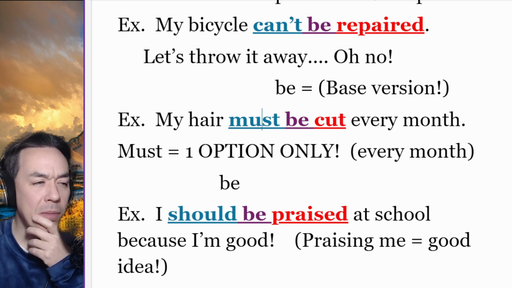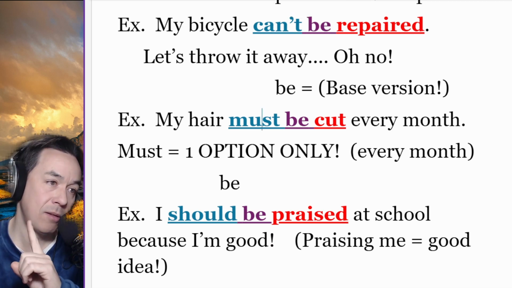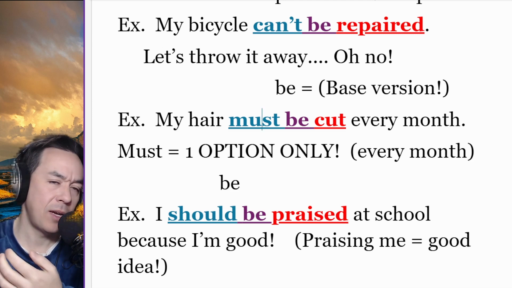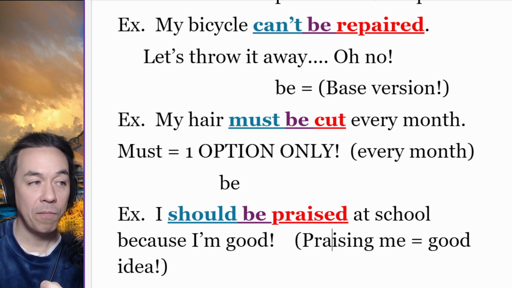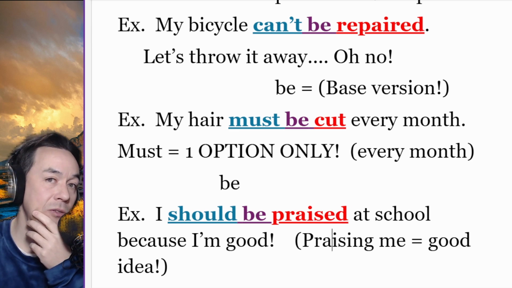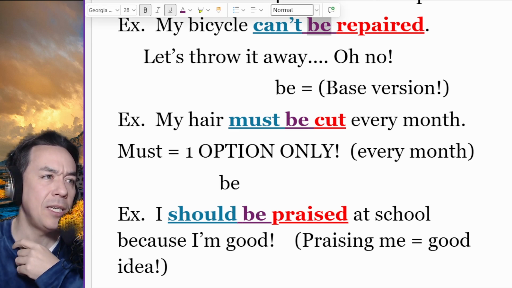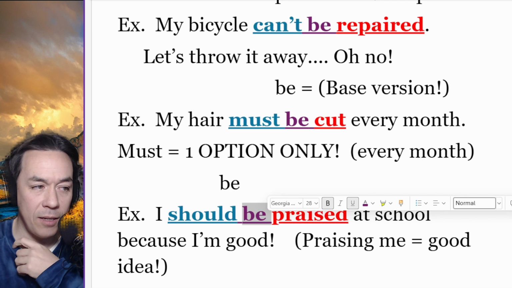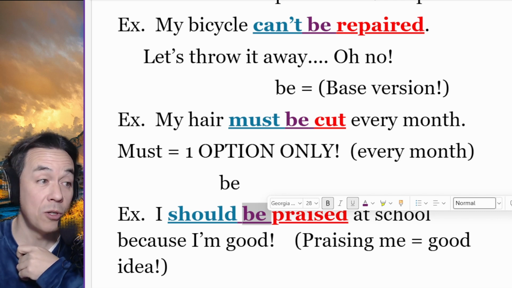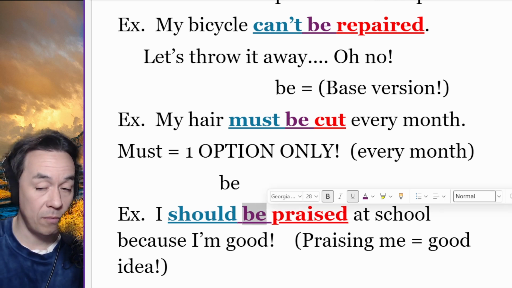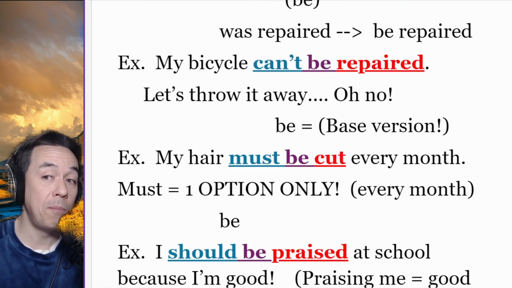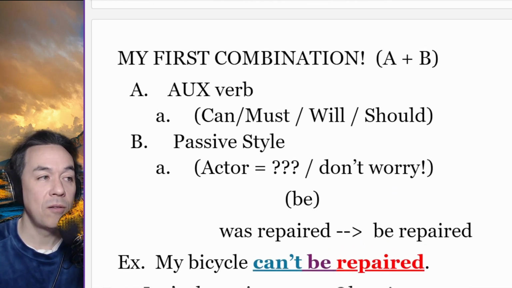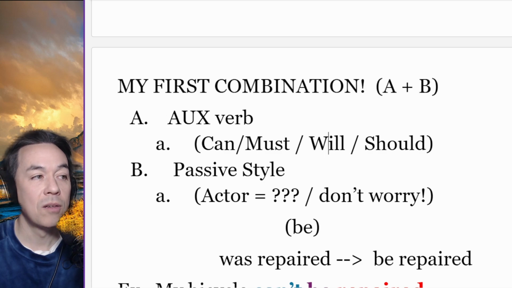My hair must be cut by someone. I can't do it. I should be praised by everyone. Okay, I think, yeah, as you practice these, you'll start listening and hear more. Be. Oh, there's a lot of this word be. We say this often. And this could be the reason why, from these combinations.